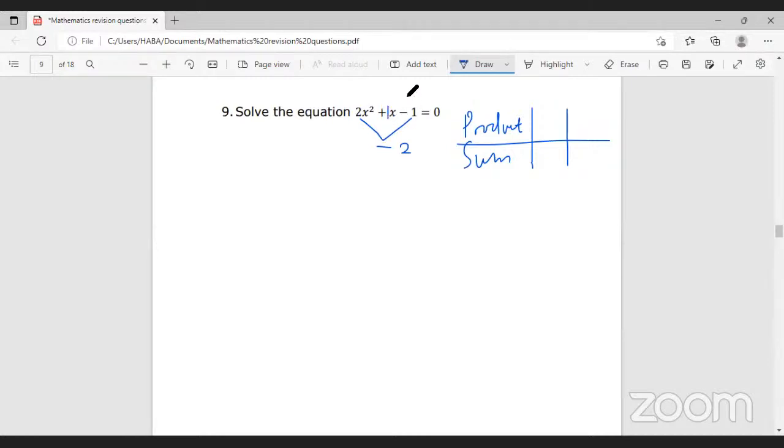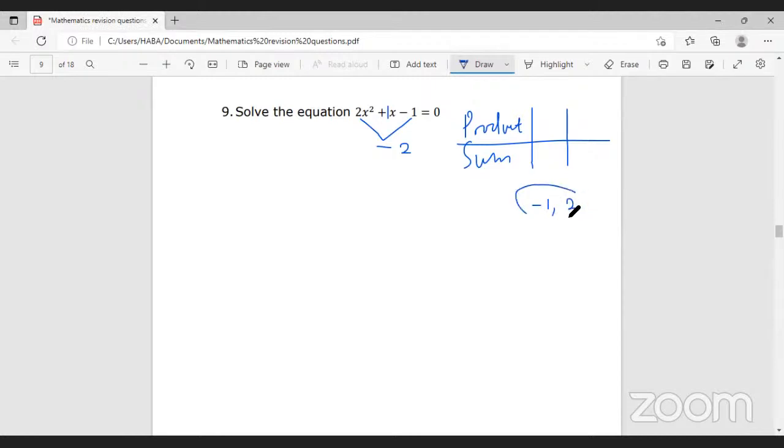So what are those numbers? We have negative 1 and 2. Good.